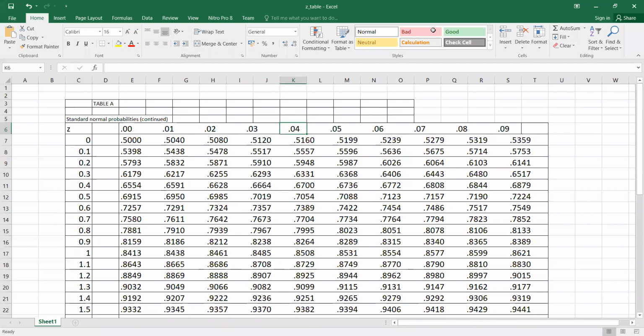So it will be 1.6 plus 0.04, and the corresponding value will be 1.64.